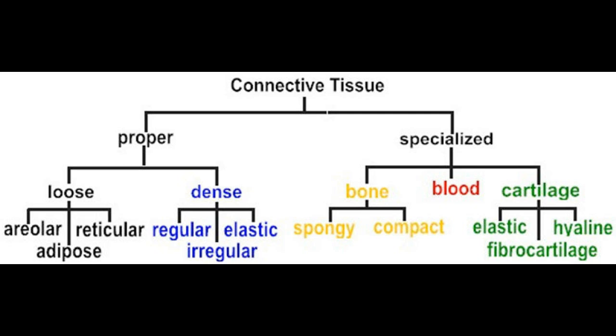Adipose is stored fat, providing insulation and energy storage. It is found beneath skin, between muscles, and behind eyeballs. Reticular holds blood cells in place in many of your organs, has many fibroblasts, and forms a reticular framework for the spleen, liver, lymph nodes, and bone marrow.